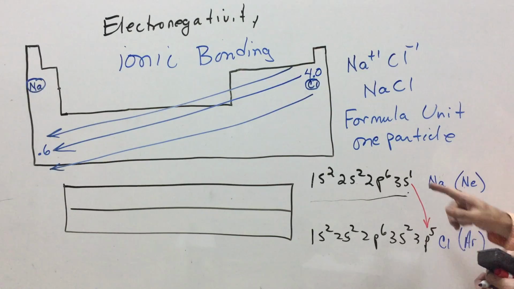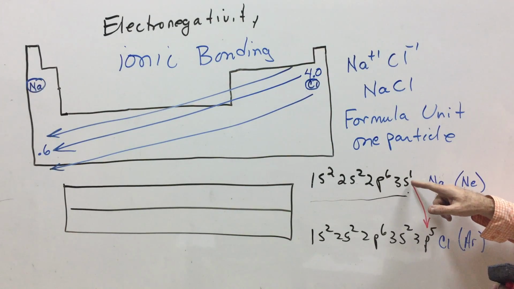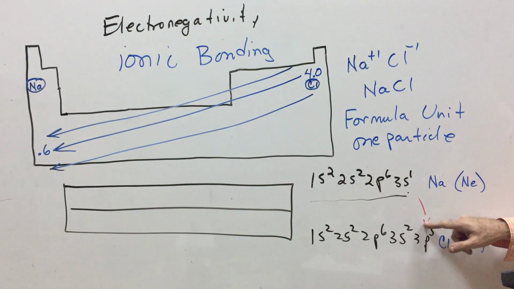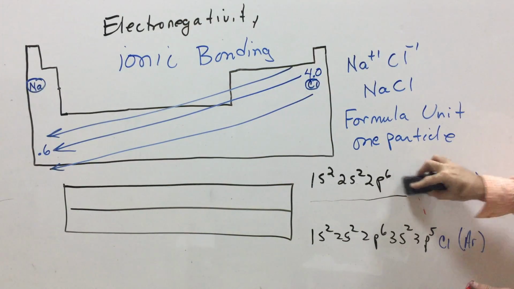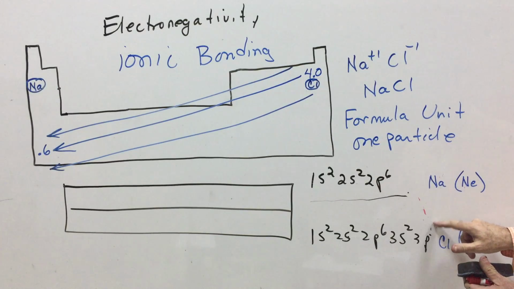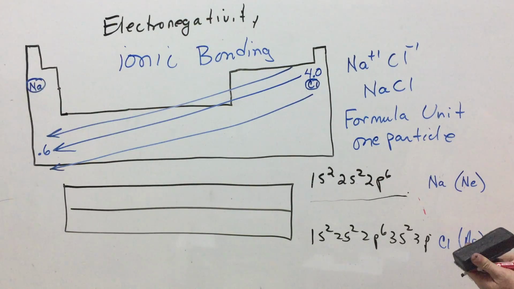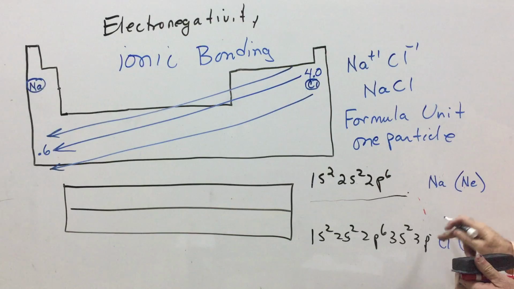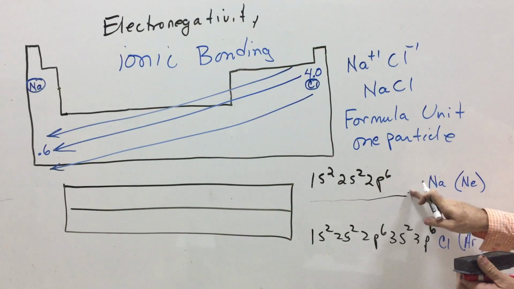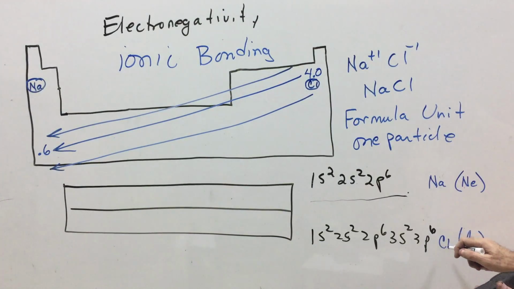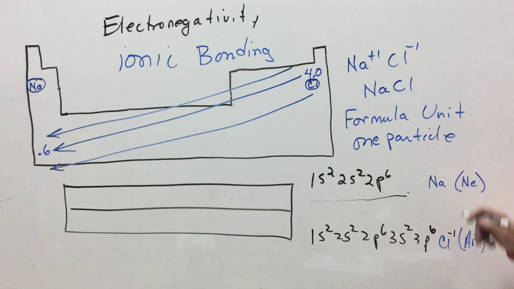What happens is this transfers down to here, so we'll make that transfer, and then you get rid of this, and then you get this. That becomes a 6. That becomes a 6. Okay? And then this, that's the -1 charge, that's the chloride ion, and this becomes +1 charge.